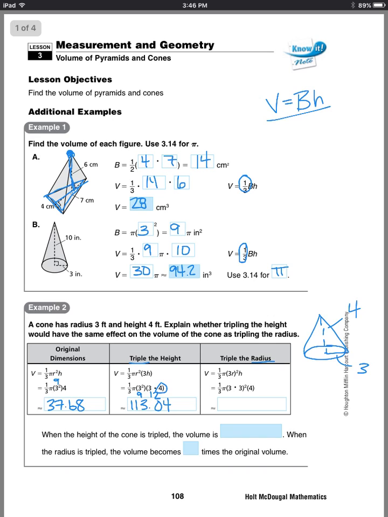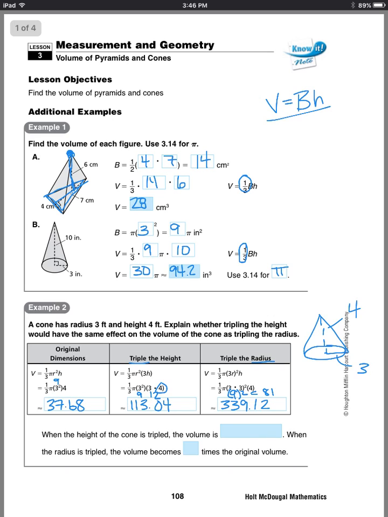When we triple the radius, we do 3 times 3, which is 9 squared, and 9 squared equals 81. So we take 3.14 times 81 times 4 and then divide it by 3 and get 339.12. Now, explain whether tripling the height would have the same effect on the volume of the cone as tripling the radius.